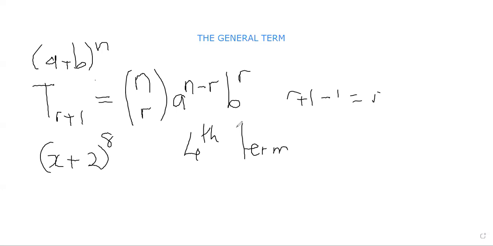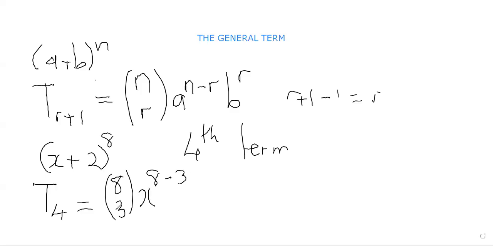So in order to find the fourth term here, you got your formula to say the fourth term is T4, and this is equal to n choose 4, but here your n is equal to 8, so it is 8 choose. Since it's the fourth term, it will be 8 choose 3, it is 4 minus 1, so this is going to be 3, and then x, which is the first term, to the power 8 minus 3, and then 2 to the power 3.